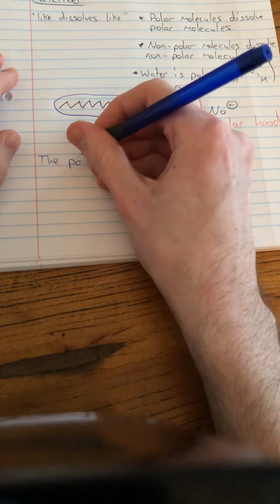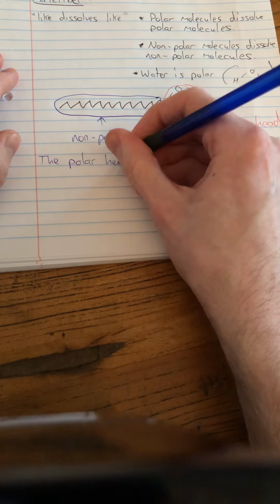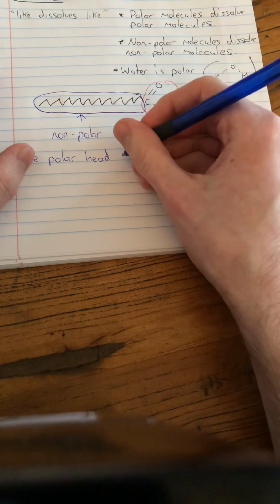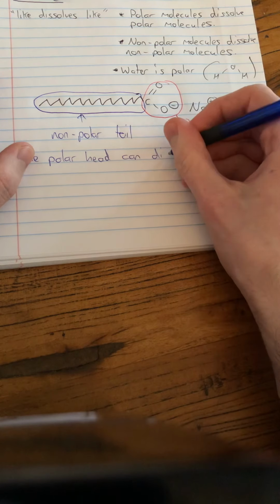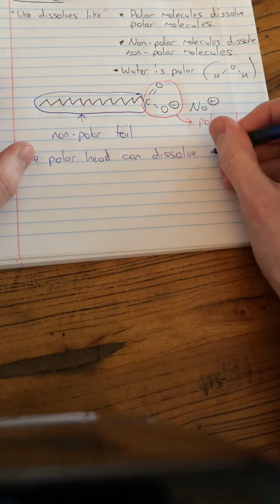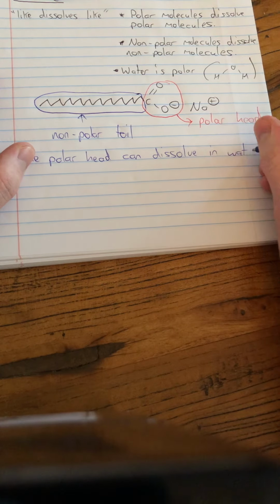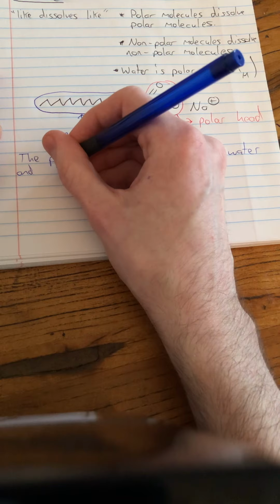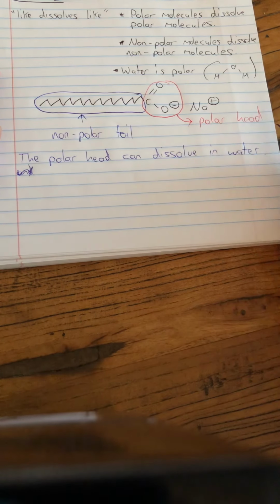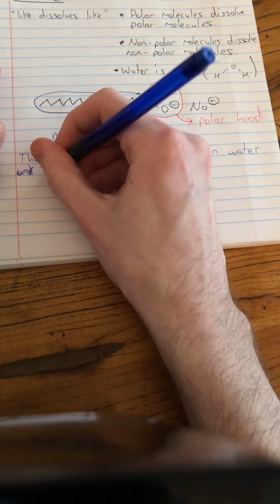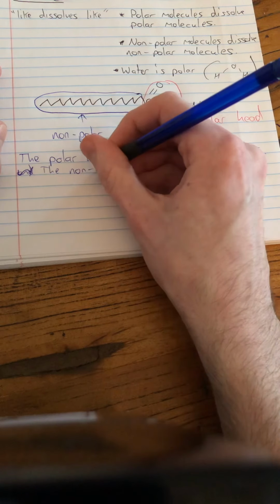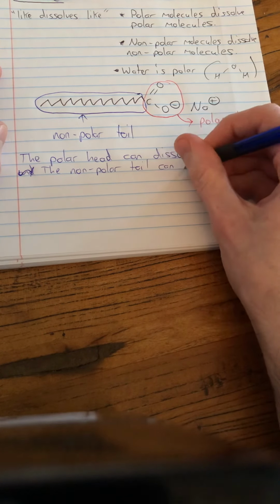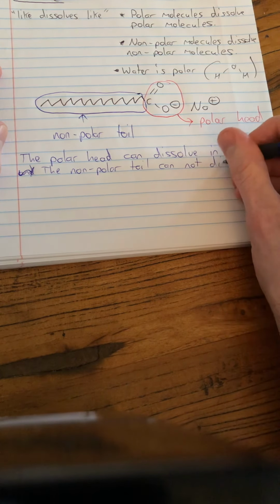What happens is, because water is polar, the polar head can dissolve in water, and the non-polar tail can not dissolve in water.